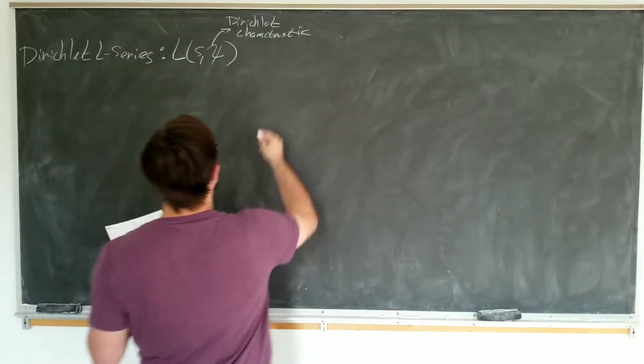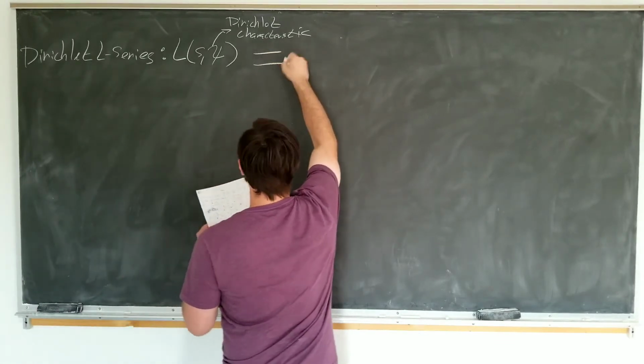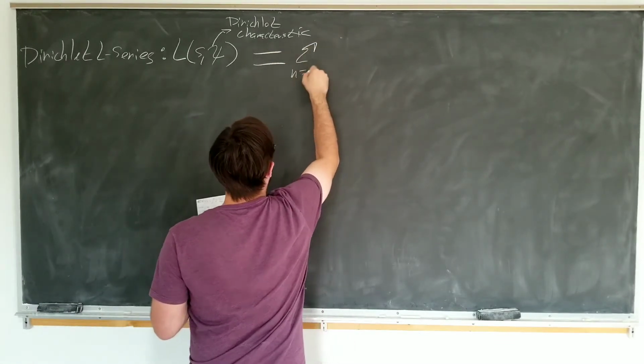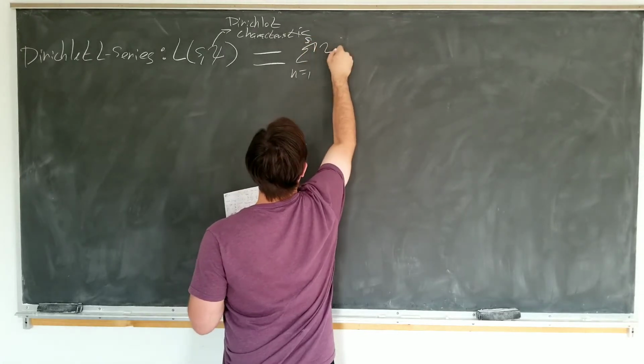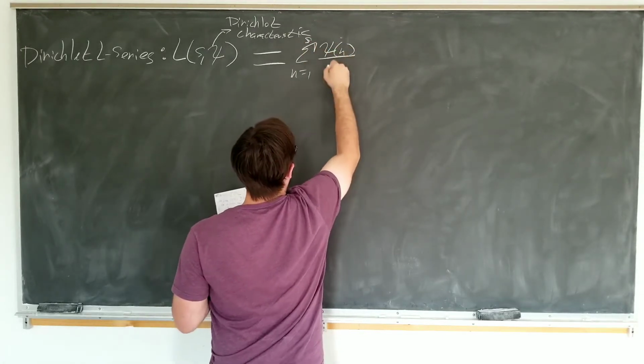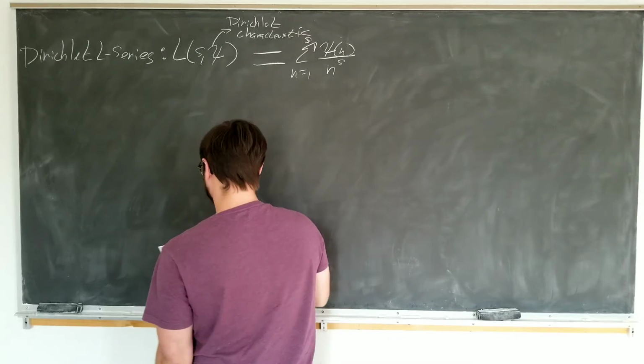We're going to be generalizing the zeta function, basically writing it as a sum from n equals 1 to infinity of chi of n divided by n to the s.